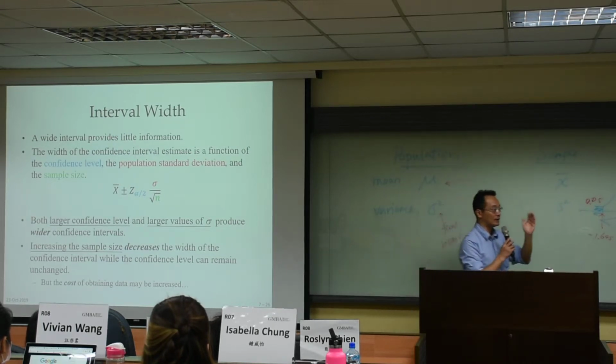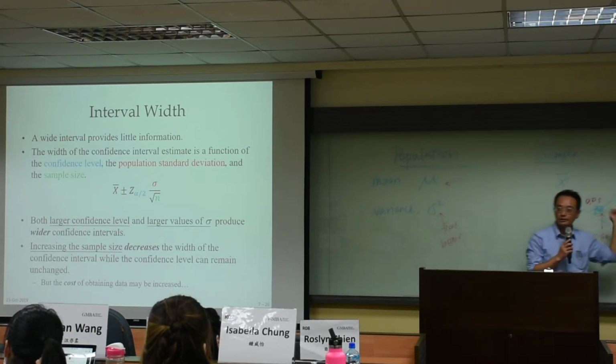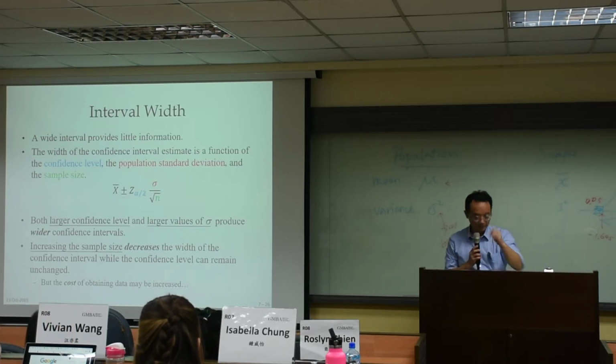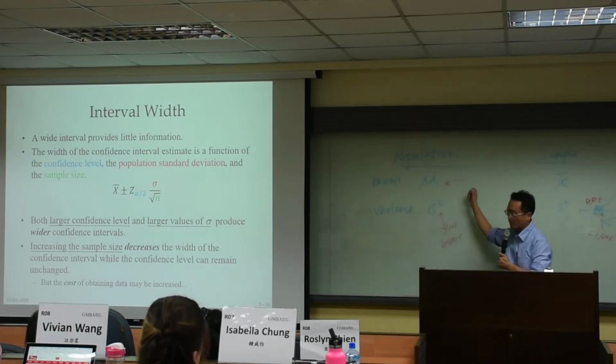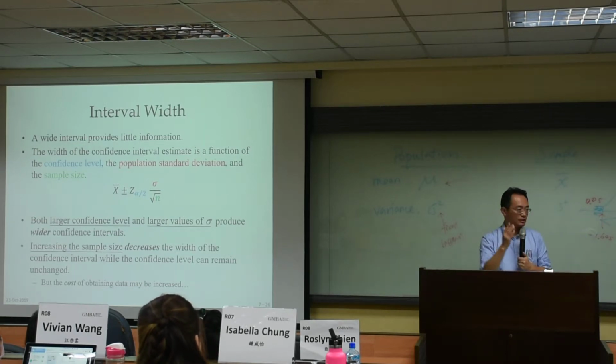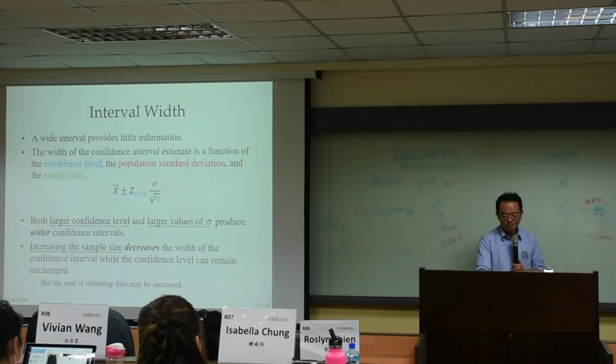Alpha is the probability that we allow that we won't get the correct unknown population mean. And we keep running this, and we can create the proportion to capture the mean. So this is the estimation.